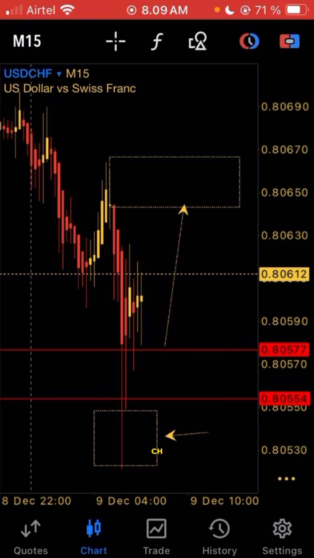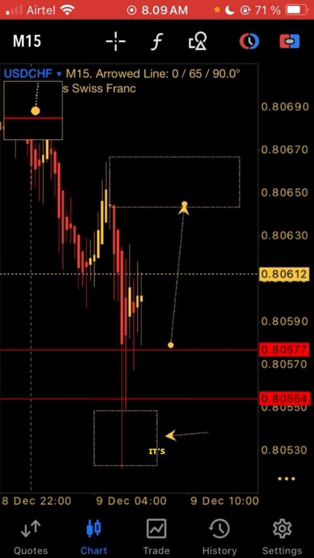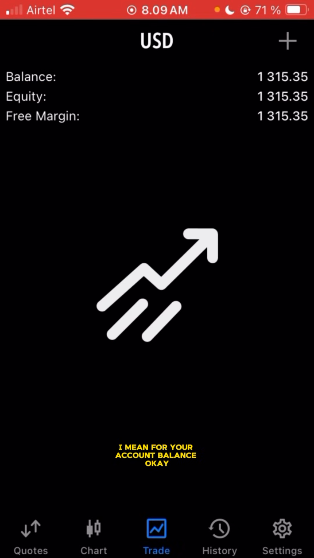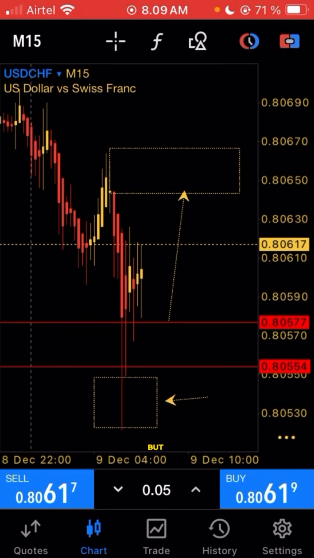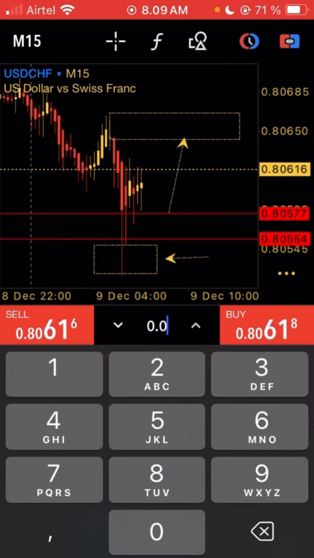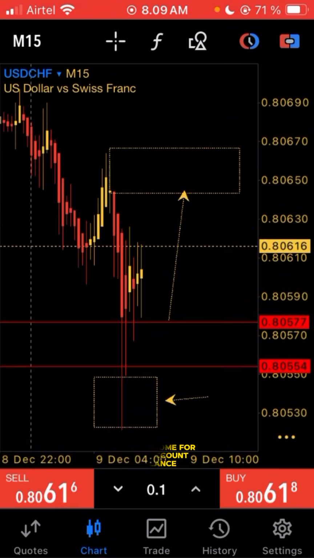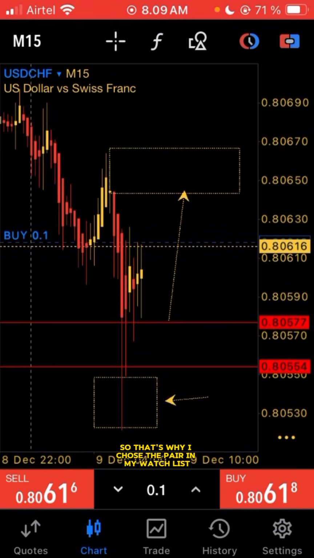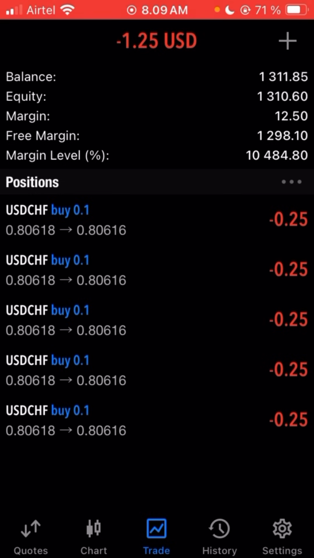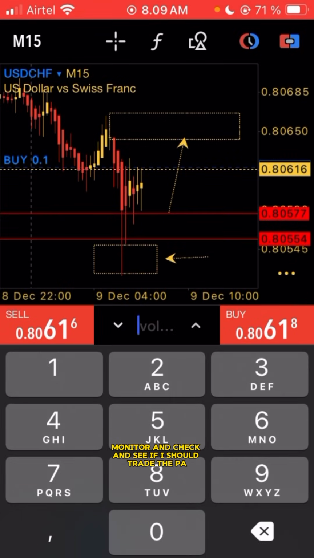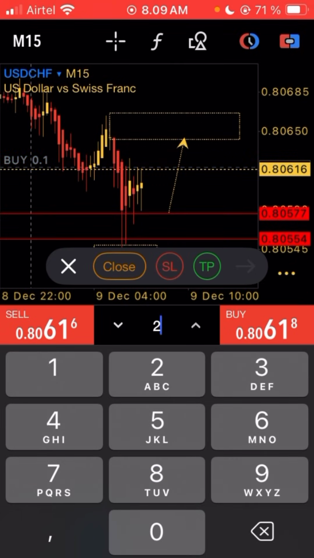And USD CHF is actually a calm pair. It's very calm, and when I say calm, I mean for your account balance. For the spikes, there are a lot of spikes, but it's calm for your account balance. So that's why I chose the pair in my watch list to monitor and see if I should trade the pair or not.